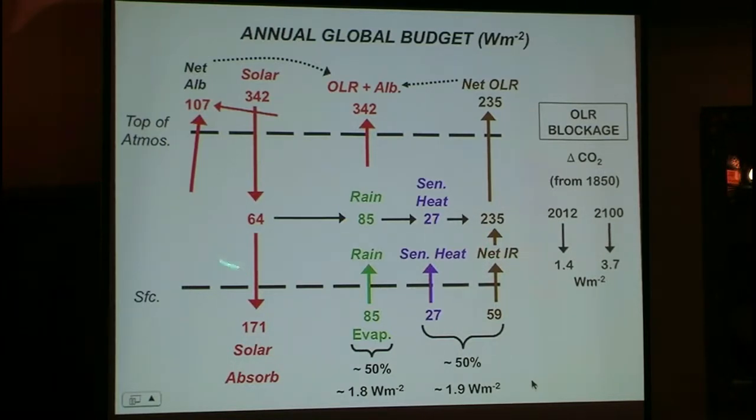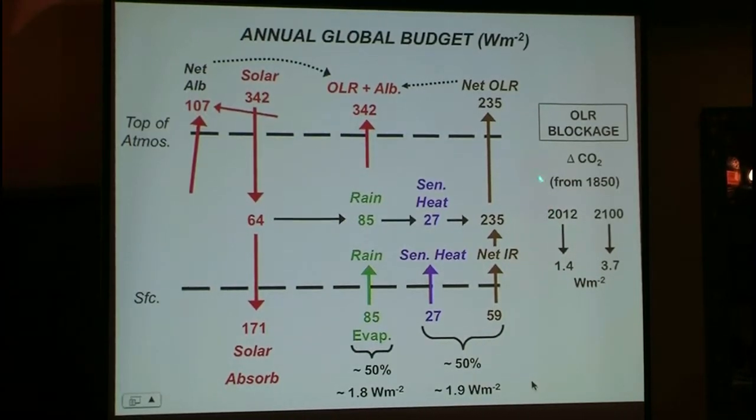Now, these are large terms compared with the CO2. The best estimates are that we're now a little more than a third of the way to doubling CO2 from the start of the Industrial Revolution. Now, the whole theory has been that this is a driving mechanism.